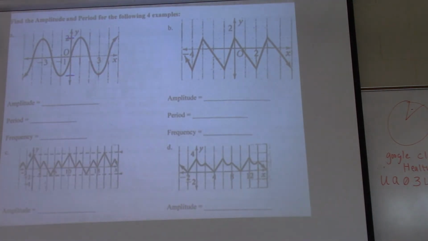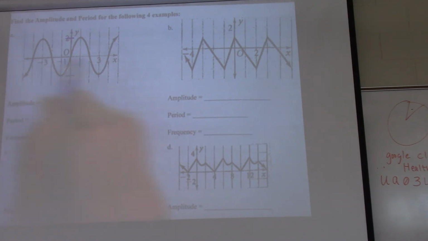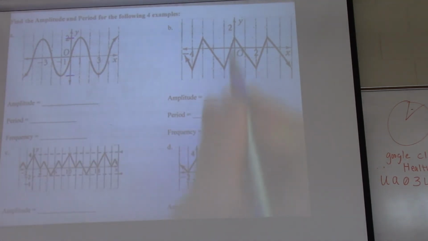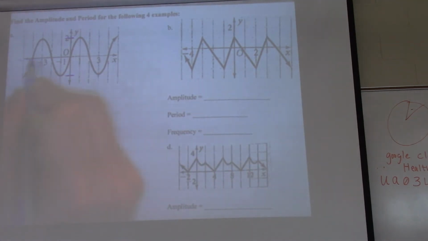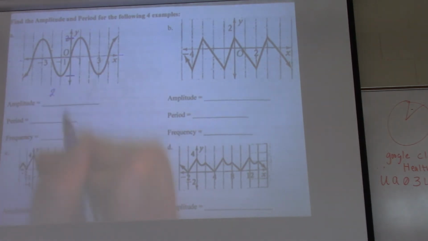Now here's the thing, it's really easy if it's split up in the middle, right? But this one's not split up in the middle. So the midline for this is this line right here, and it goes 2 up and 2 down, so yes, the amplitude is 2. Here's how we can always do it. It is the maximum height, which is 2, minus the minimum. What's the number for the minimum here? Close. Negative 2, right?